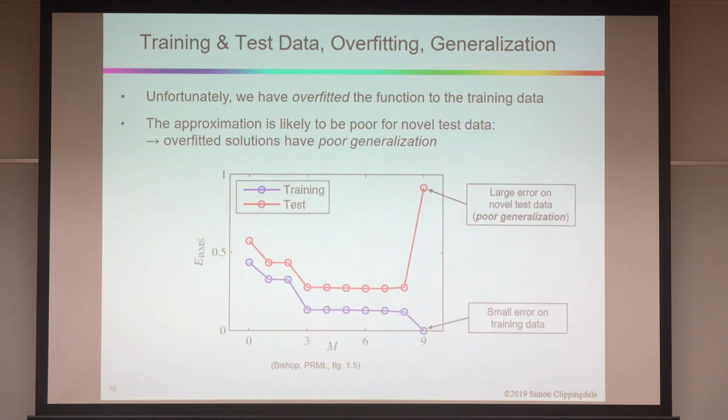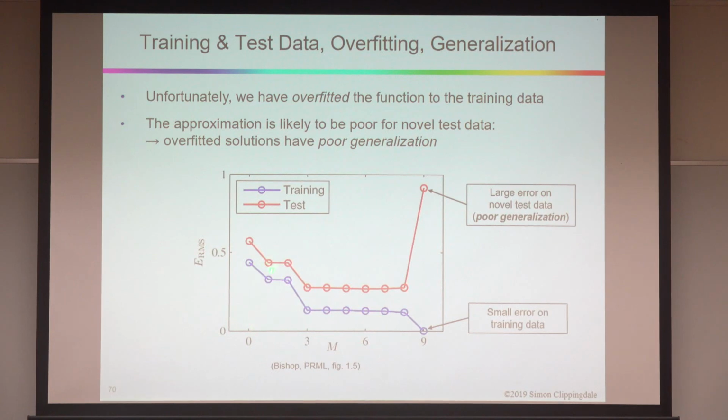But the reason it's dropped to 0 is we have overfitted the function, our approximation, to the training data, which means that the approximation is going to be poor for new novel test data. And it can be said in general that overfitted solutions have poor generalization. That's the problem with overfitting.